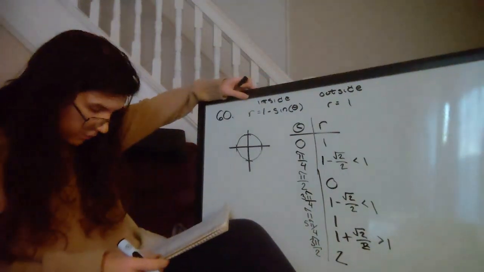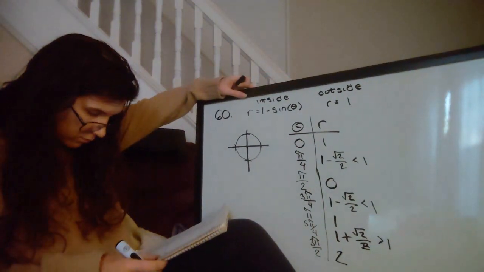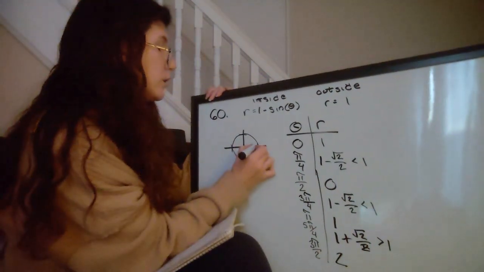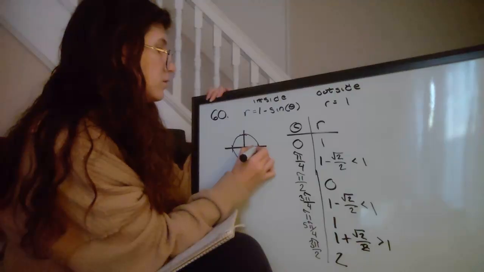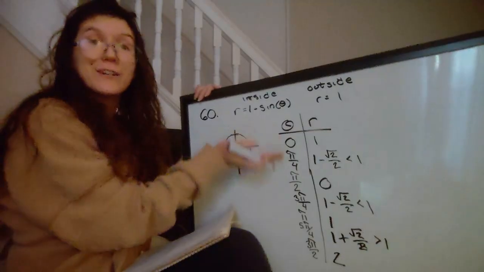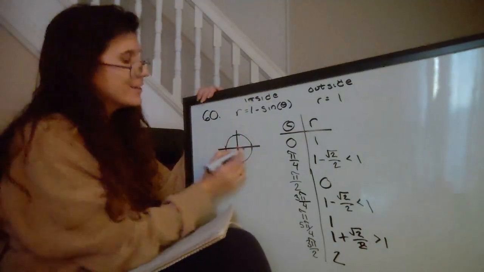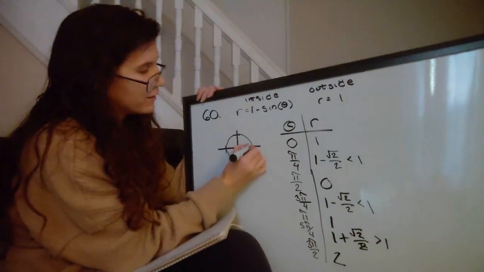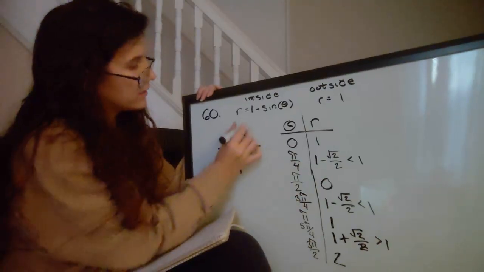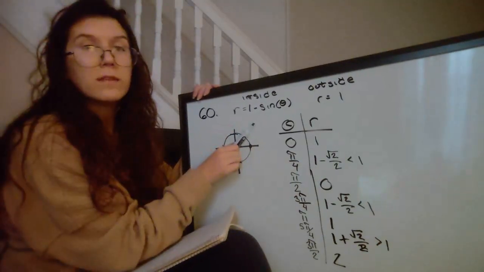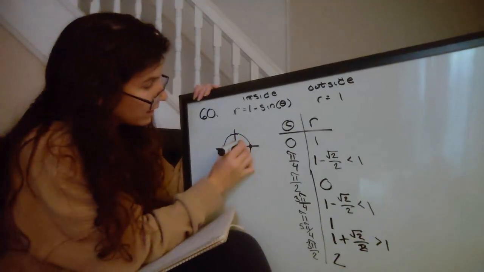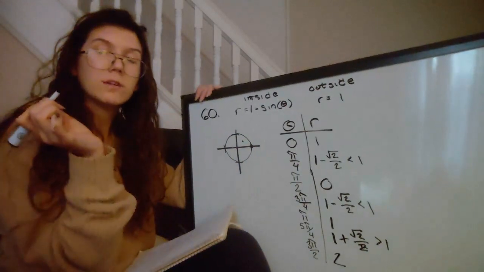So this helps us understand our graph. It's kind of weird to graph these. At angle 0, because our angle is going around in a circle, our radius is 1. And then at pi over 4, at this angle shooting up like this, we're going to be less than 1, so I drew it right in between.